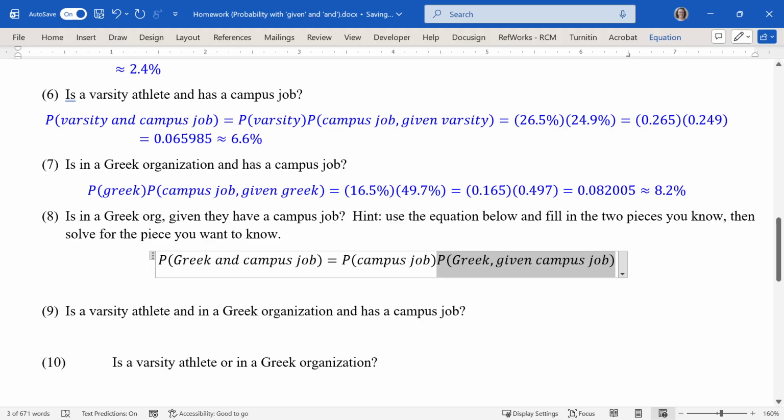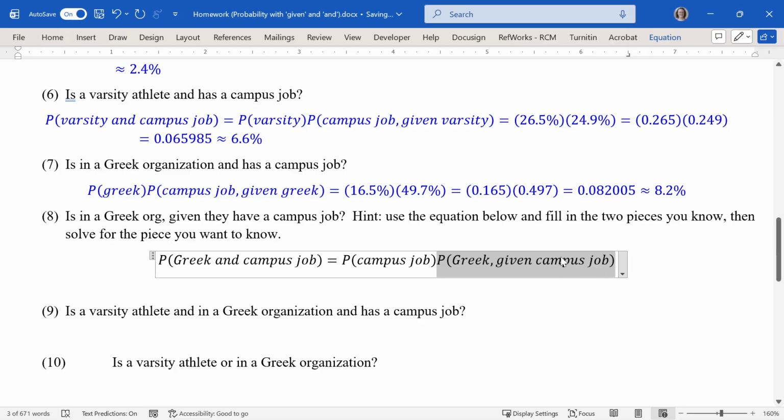So this is going back to that fact that for the two events where you want to calculate the probability of both of them happening, it doesn't matter which one you list first. You could say probability of Greek and campus job, or probability of campus job and Greek. So if you say it the other way around, then you can do probability of campus job times probability of Greek given campus job.